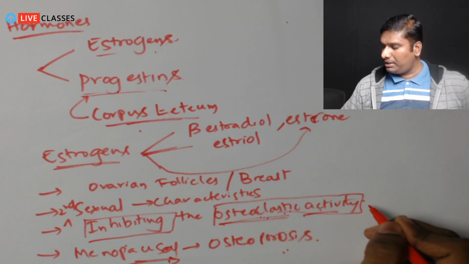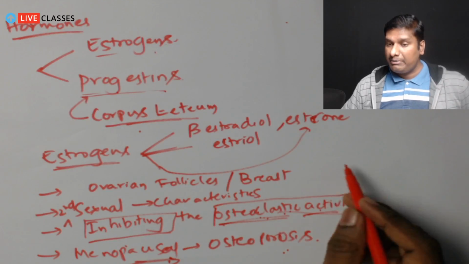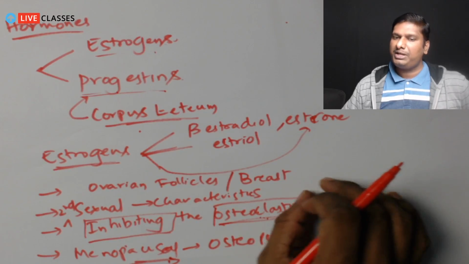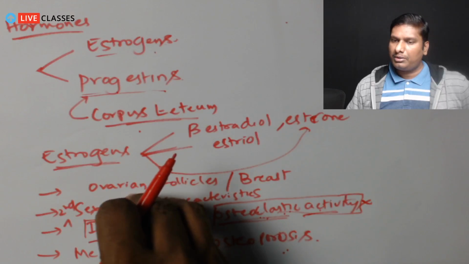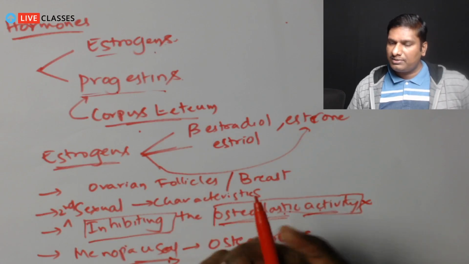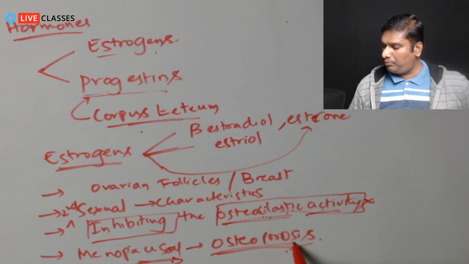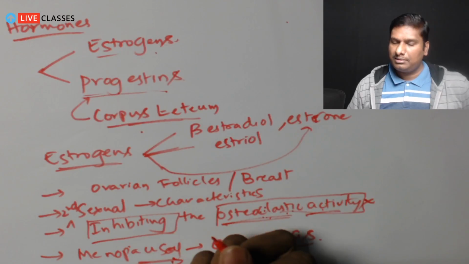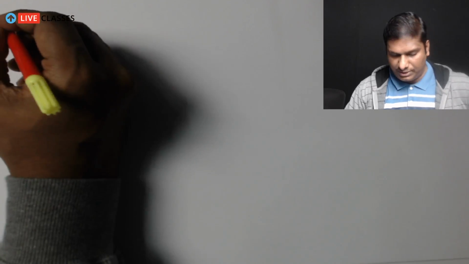So no estrogens, no inhibition of the osteoclastic activity. The osteoclastic cells will simply go and start acting on our bones. So in women, it is because of this osteoclastic activity that you see osteoporosis, and the ultimate reason is the absence of estrogens. So what else do the estrogens do?